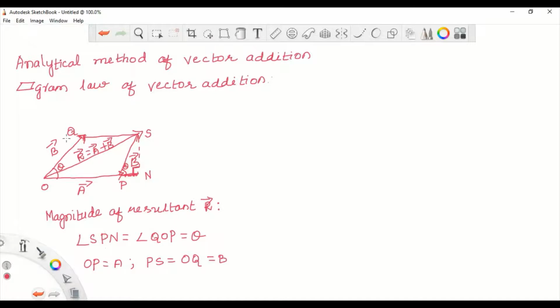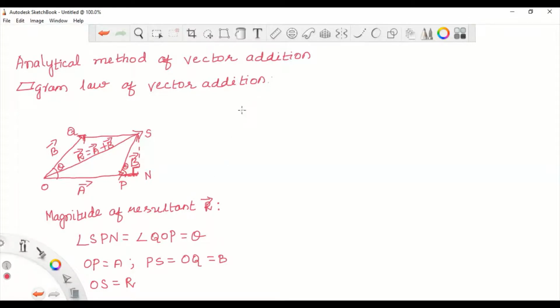You can also say that QS is also A. And OS is equal to R, that is A plus B. So OP is A vector, and similarly PS and OQ are B, and OS is the resultant.